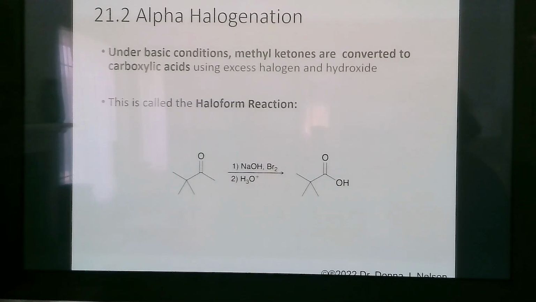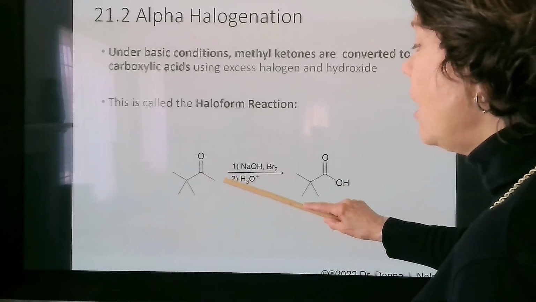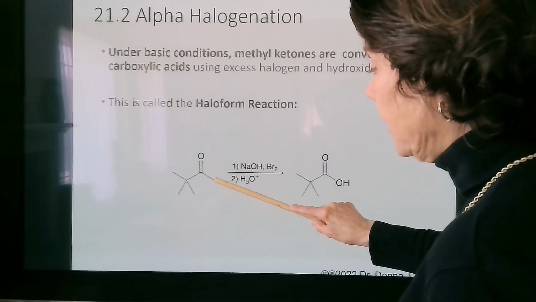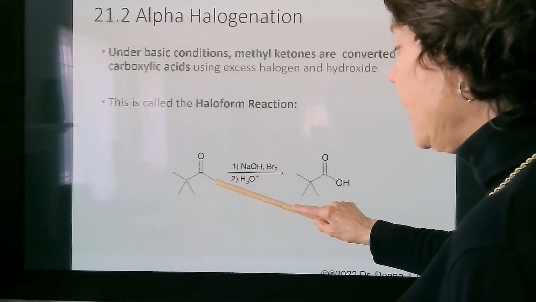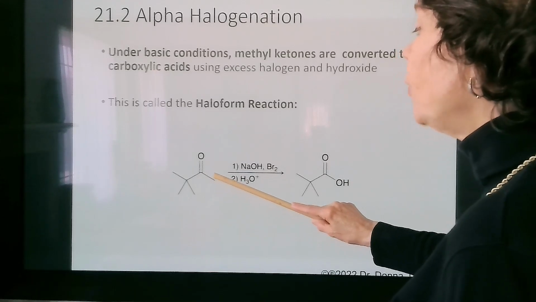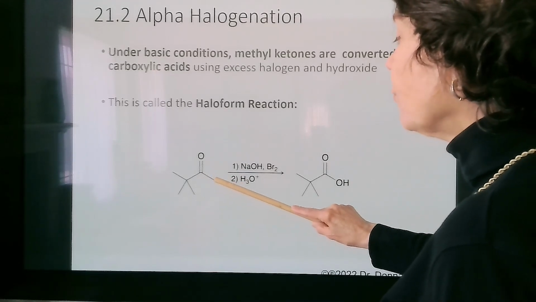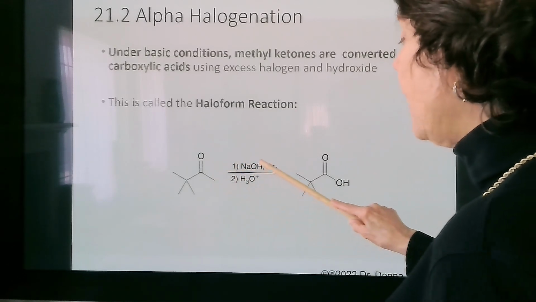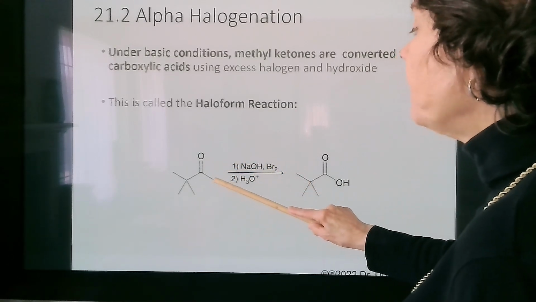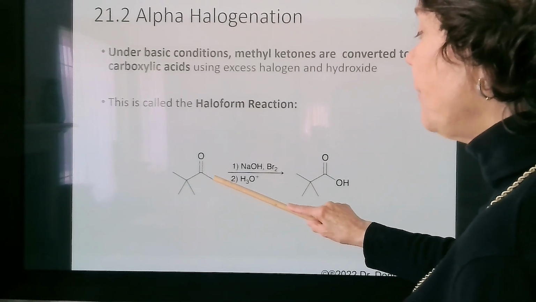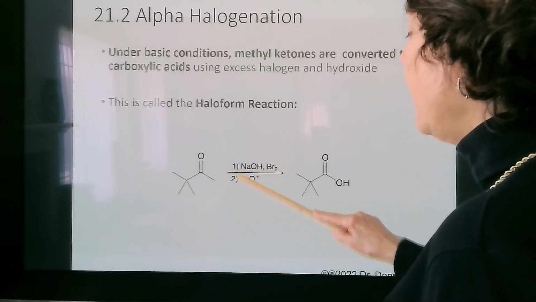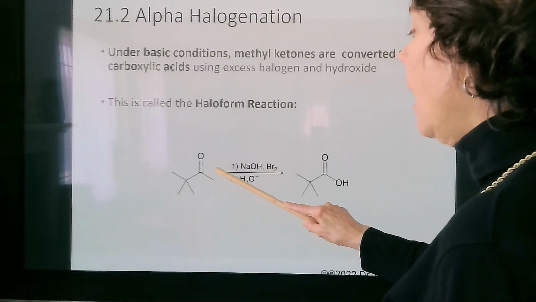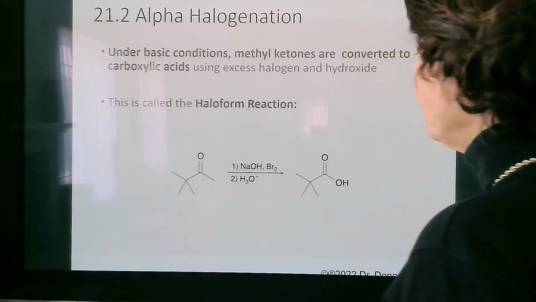Methyl ketones: here, on this side you have no alpha protons, over here you have 3. And the fact that you have 3 alpha protons becomes important because all 3 of those alpha protons can become brominated, can be replaced by bromine. So the alpha carbon can undergo bromination 3 times because you have 3 alpha protons.